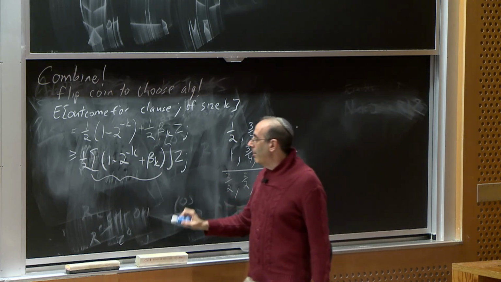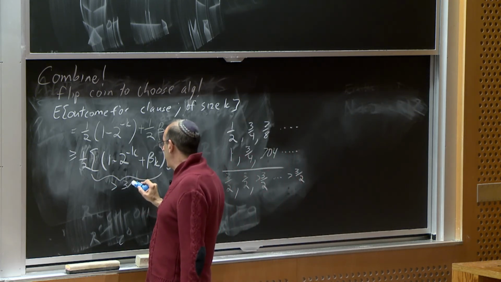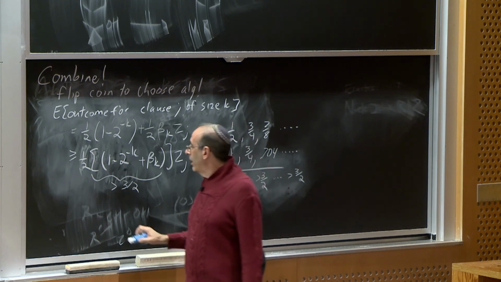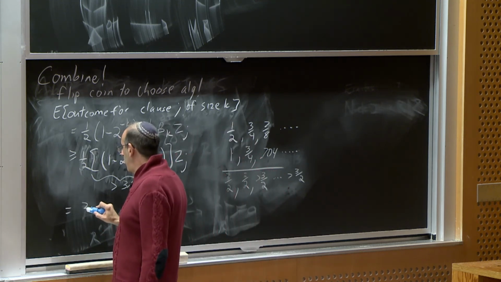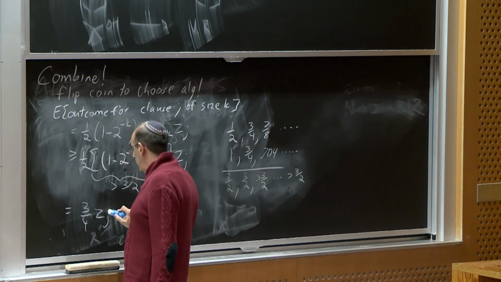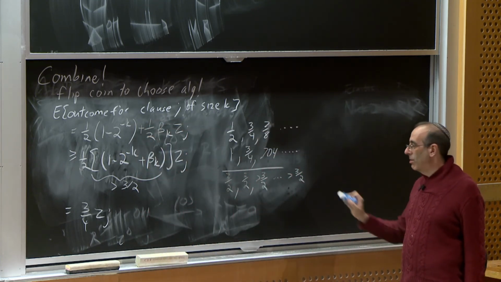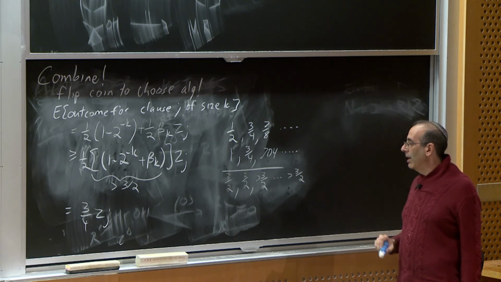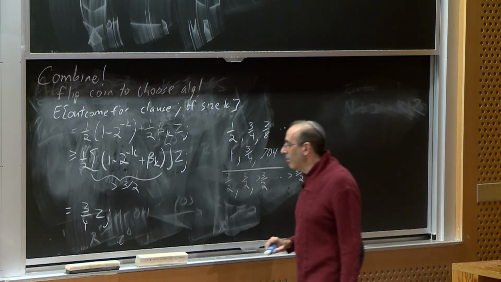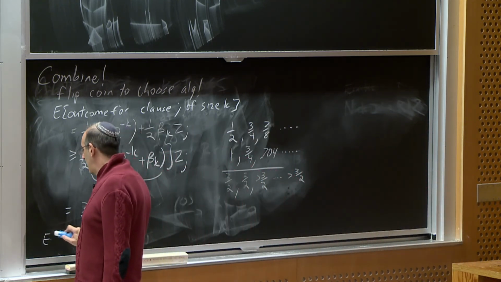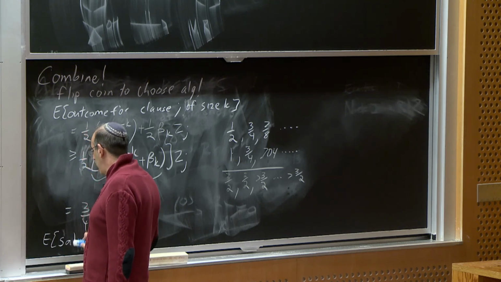And so we can come back here and say this is always bigger than 3/2, no matter what k is. Therefore, we get a 3/4 approximation to the truthiness of clause J, which means that overall, the expected number of satisfied clauses is at least 3/4 of the OPT.